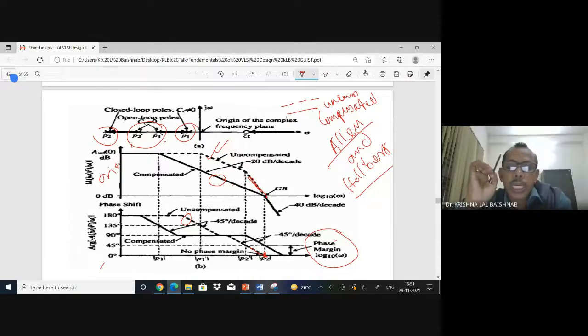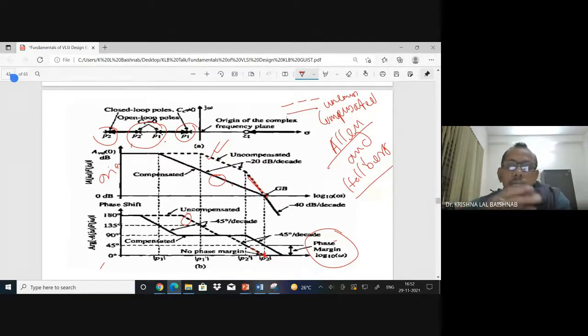Point to be noted: the dashed line is called uncompensated, and this solid line is called compensated. In the dashed line, the moment your gain plot crosses the 0 dB line, the phase plot is 0, so there is no phase margin.